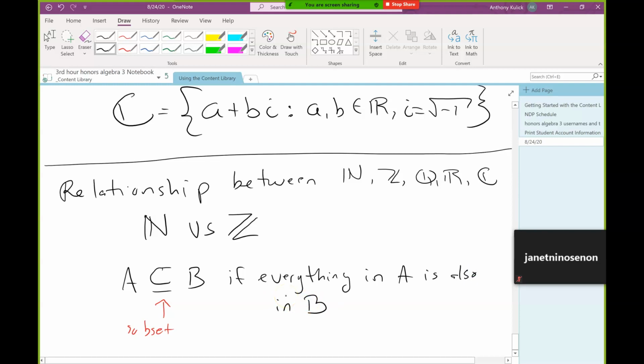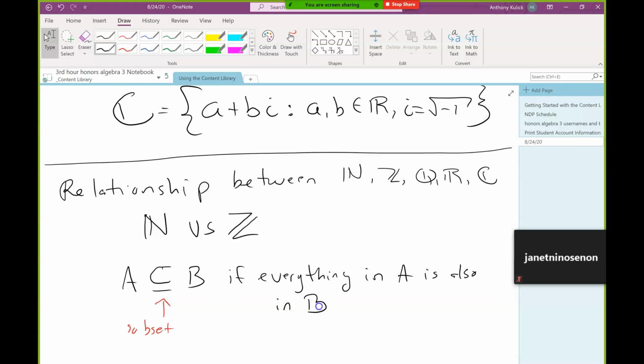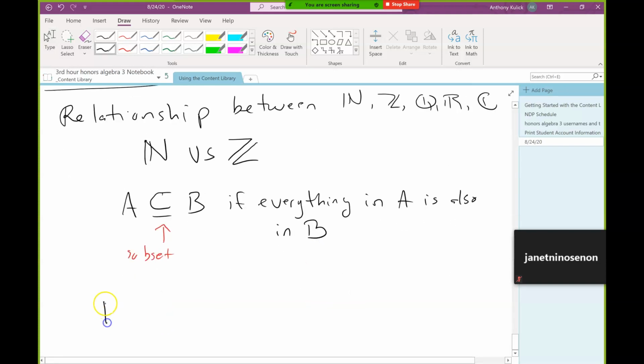So we say that A is a subset of B if everything in A is also in B. I don't know why I wrote that symbol wrong up there. Sorry. If you noticed, you should have said something. Occasionally I make mistakes. It's okay if you correct me.